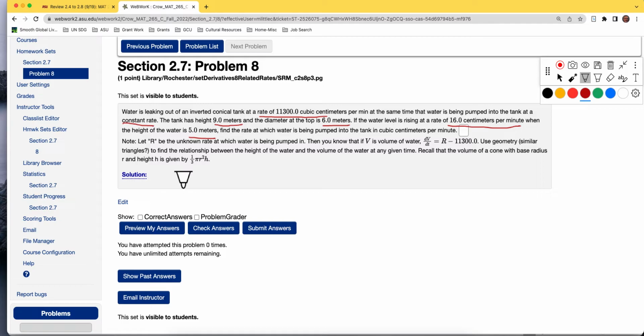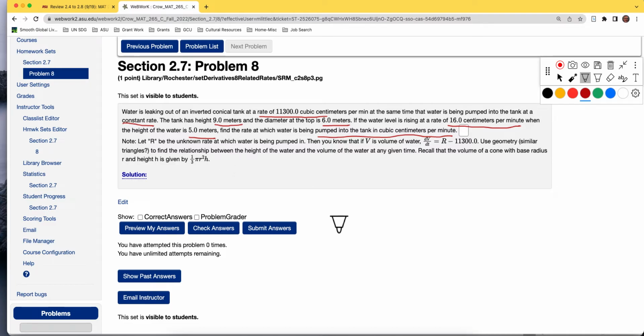It's just at this particular moment it's going up. Now, if you're thinking of tests, this is probably a very terrible test question, but like I said, I'll let you know what's in there. Find the rate at which water is being pumped into the tank in cubic centimeters per minute. Okay. And then they got a note.